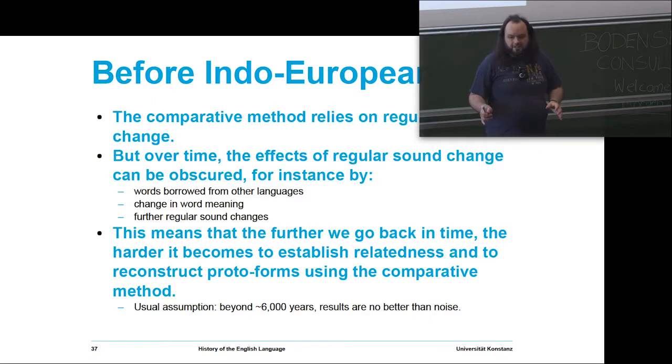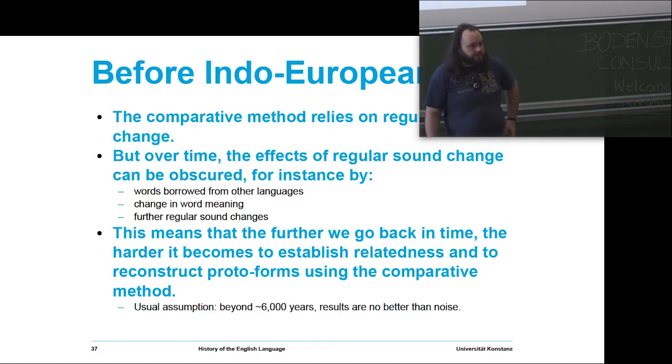We get further regular sound changes happening, you get borrowings, you get semantic shifts, and all of this stuff makes it harder and harder to establish systematic correspondences. So if you go further and further back in time, your results get more and more speculative. And that's why people usually say that we can't go any further back than Indo-European using the comparative method.